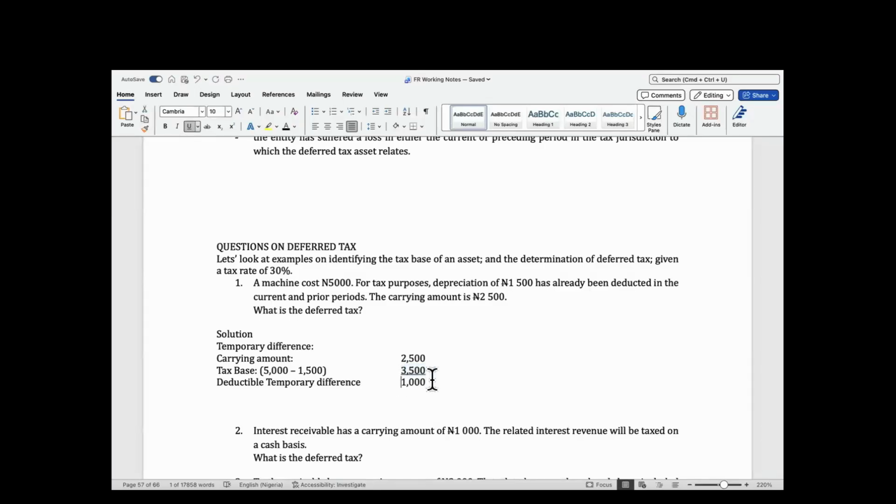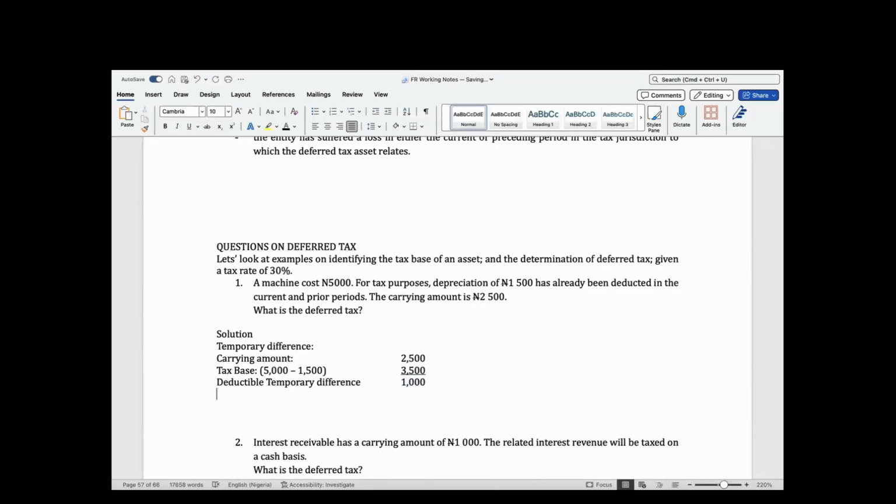So I'm going to have an extra 1,000 in the future as an additional deduction. So this is a deductible temporary difference, meaning I will get a deduction. And that means I'm going to have a deferred tax asset, which is 30%, given the tax rate of 30%, multiplied by 1,000, and that is 300.